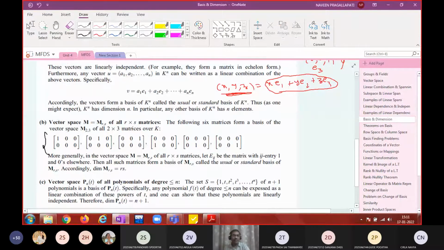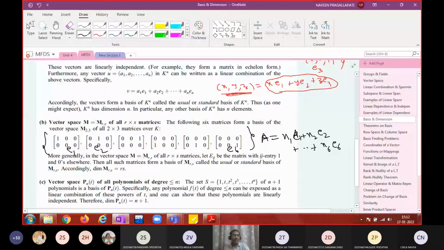This forms a basis because these are all linearly independent, and any matrix A can be expressed as a linear combination of these. If you call this e1, this e2 and so on, up to e6, any matrix can be expressed as a linear combination of 6 matrices which are linearly independent.